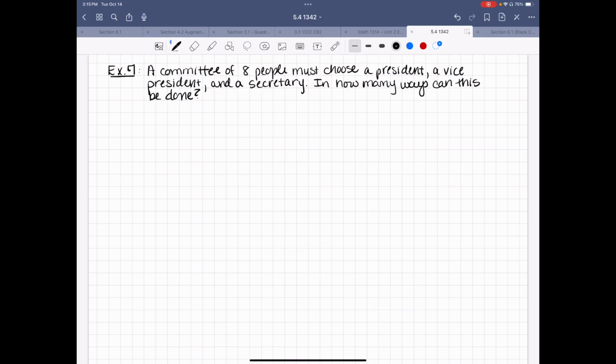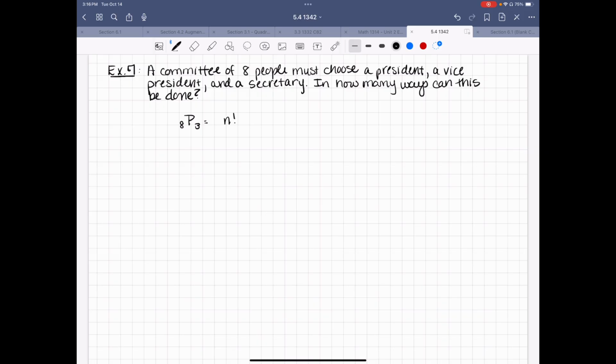Okay, so this, once again, is a permutation. Order does matter. Whoever is picked first, and that's the president, that's different than if that person is picked second, because that would be the vice president. And of course, it would be different if that person was picked third and was the secretary. So we're doing a permutation. So that's 8 permute 3. So we have 8 factorial, or we can go ahead and write that formula out.